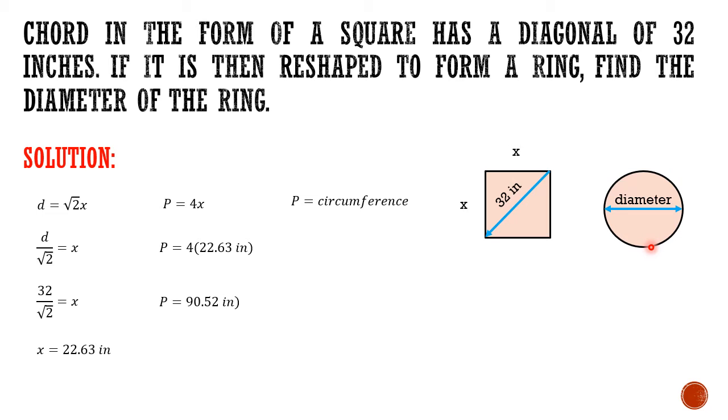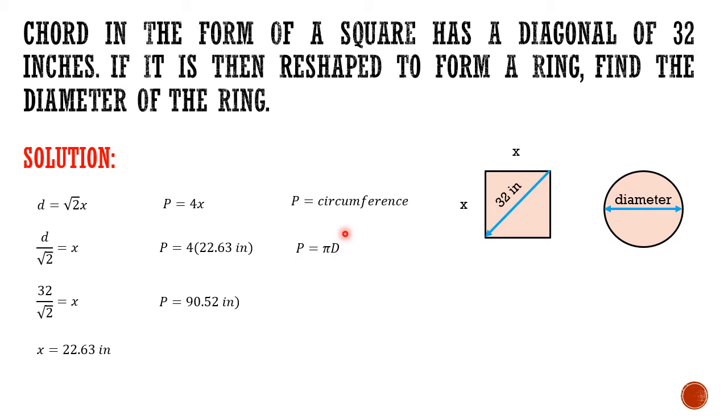So, alam natin, dahil diameter naman yung hinahanap dito, that the formula for circumference, pero gamit natin is diameter, is equal to pi d. So, we have perimeter is equal to pi d. Plug lang natin yung value ng perimeter dito, 90.52 inches.